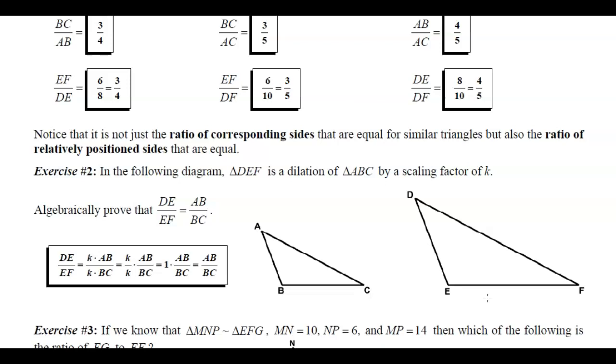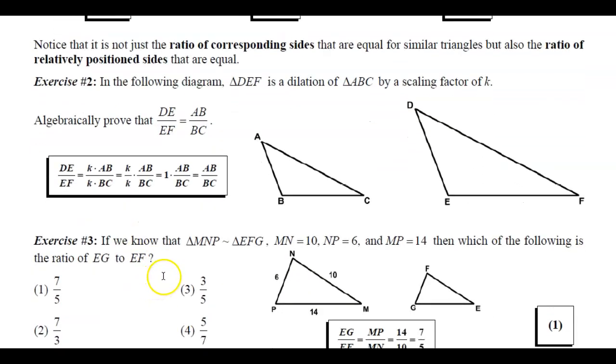Well, if I apply a scale factor to AB and BC, and then I apply the same scale factor in the numerator and the denominator of AB over BC, as you can see here, what that's showing is that I'm essentially multiplying it by 1, and so DE over EF on the left side is equivalent to AB over BC on the right side because the same scale factor has been applied on the top and the bottom. So that's just showing that if I scale up both sides the same way, I'm going to end up with the same ratio.